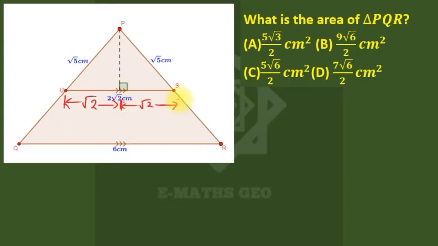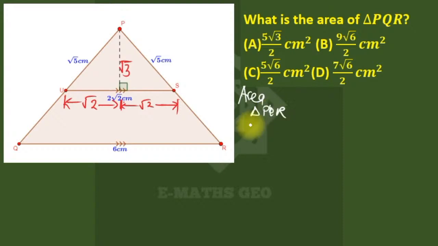So we now have a right angle triangle, and we can get this height using the Pythagorean theorem. This is √3, as the square of this minus the square of this equals the square of that. So let's now use the ratio of areas of similar triangles. We are looking for PQR, so we have the area of triangle PQR.